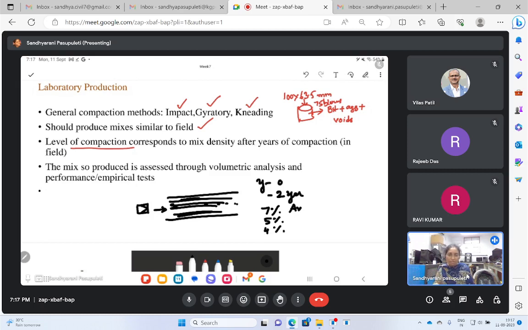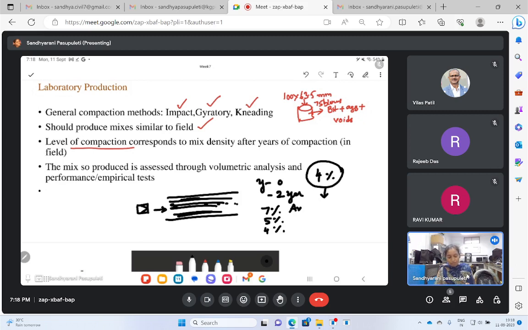After particular years of being subjected to field vehicular loads, the density of the pavement comes to a stable state. Let us assume that as 4%. When the bituminous pavement has air voids of 4%, after a particular number of years, that is the state where the bituminous mixture can take rutting and also fatigue.